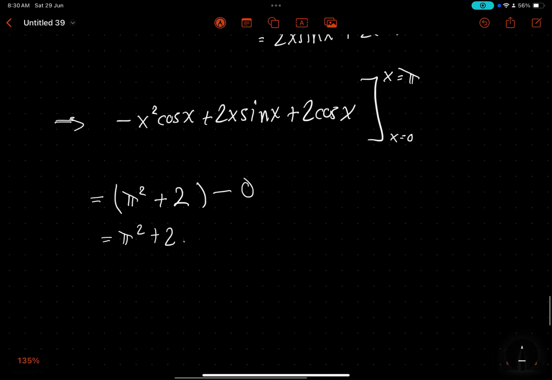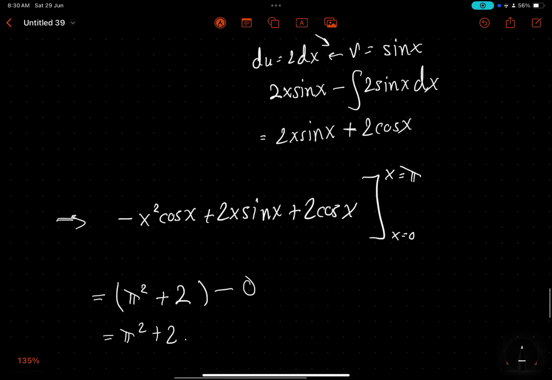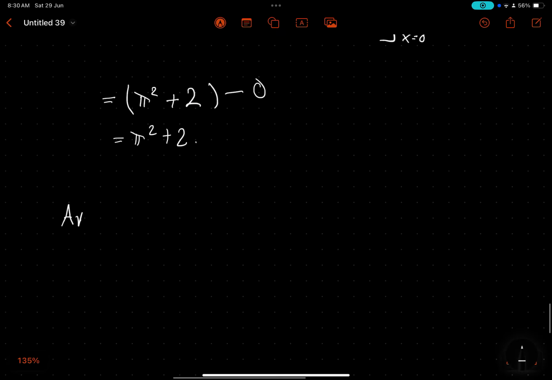Now this is only the definite integral. If you want to find the average value of f, it's going to be basically pi squared plus 2 over the area. What is the area here?